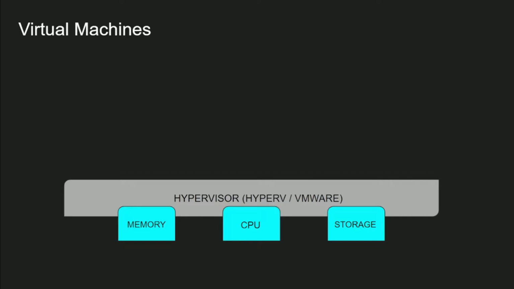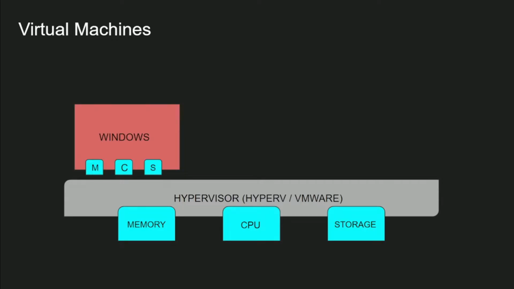And that's where virtual machines come into play. Hardware virtualization relies on a hypervisor, which is the gray box on the screen. This gray box will consume the hardware and then create virtual pools of hardware that can be fractionalized or split between the operating systems sitting on top of it. So we have virtual machines on top of the hypervisor.